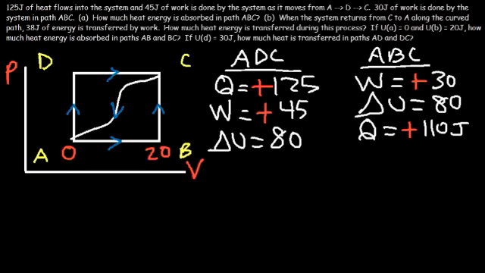So if A is 0, C is 80 joules higher than A. So at C, the internal energy is 80. With that information, we can calculate Q. Now, the work done for any isochoric process, which is B to C or A to D, is 0.